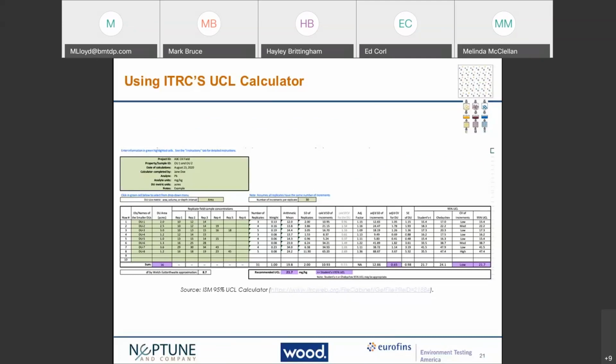And the calculator is going to compute both the Chebyshev and the t-UCL and give a recommendation on which is going to be more appropriate based on ITRC's guidelines. And those guidelines are based on simulation studies that were conducted by the ISM-1 and ISM-2 teams. This calculator can be a useful tool, but as always, you're going to want to consider other information you have available related to the site, like the conceptual site model and the expected variation.